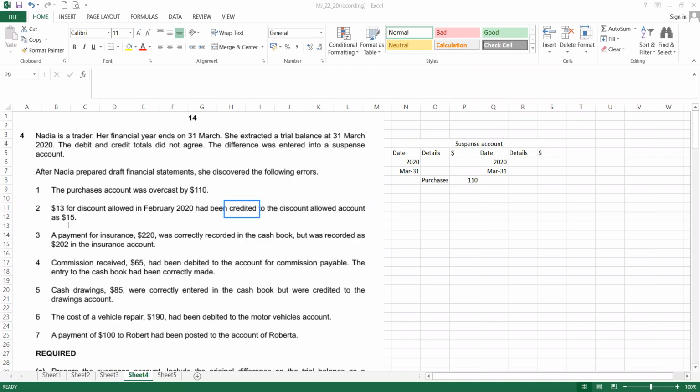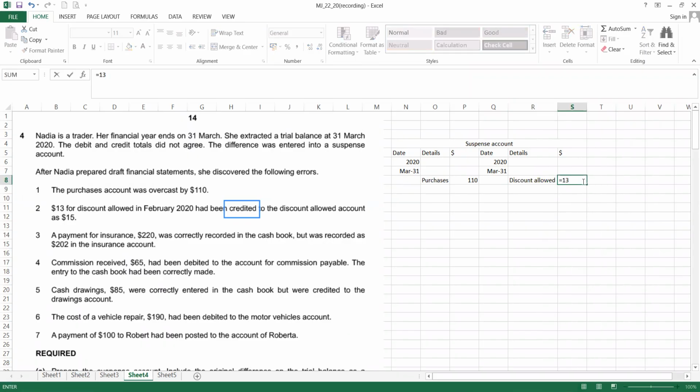So two debits in discount allowed, total 28. It is a one-sided error in discount allowed, so we have to use the suspense account. We credit suspense for the discount allowed because we debited discount allowed twice. So 13 plus 15: 13 is to put back the amount, 15 is to reverse the error.